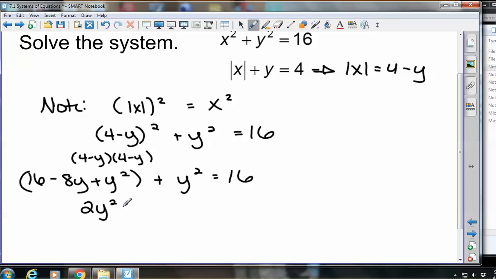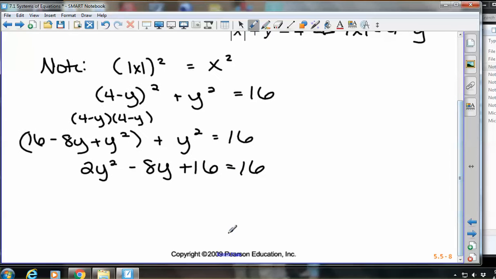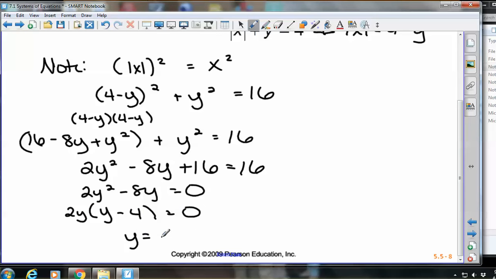If I add my like terms, y squared plus y squared is 2y squared minus 8y plus 16 equals 16. What happens if you subtract your 16 over? What could I pull out of this? 2y. Okay, and that would leave me with y minus 4. So now we know y is equal to 0 or 4.